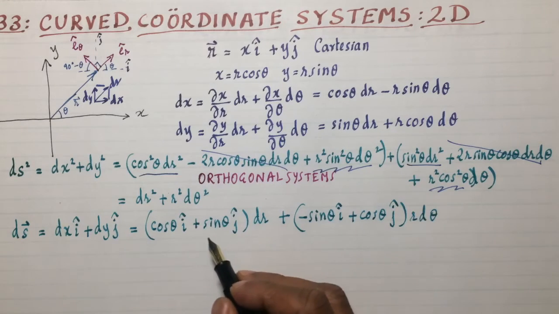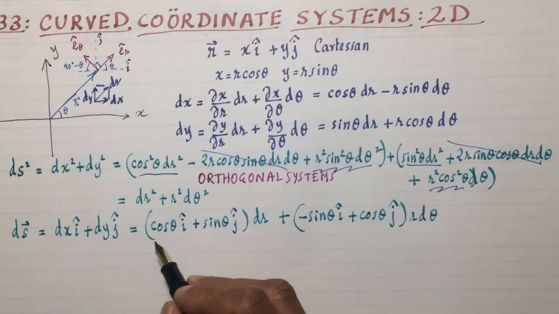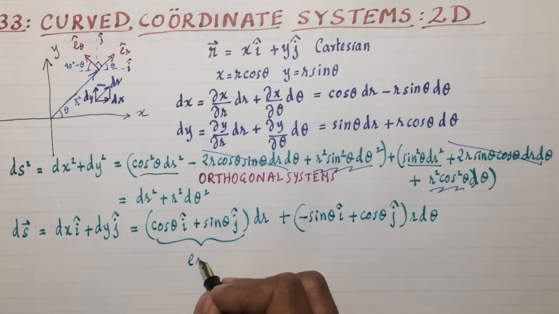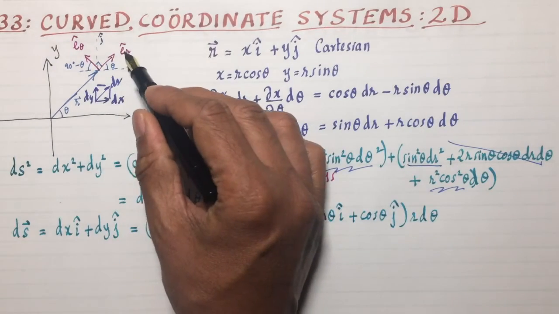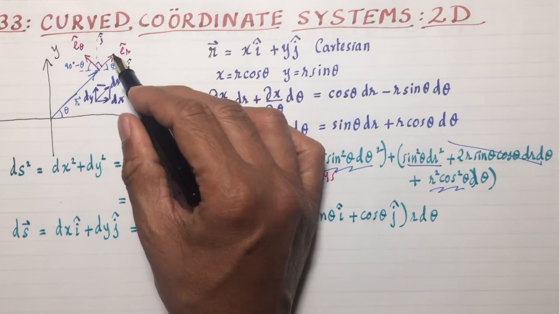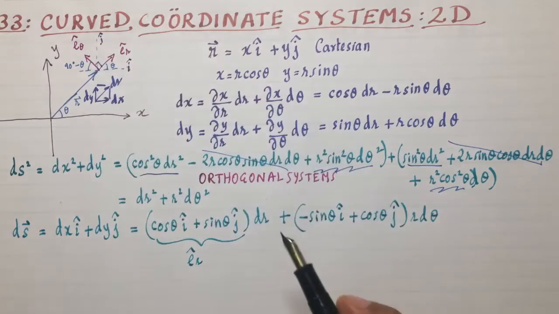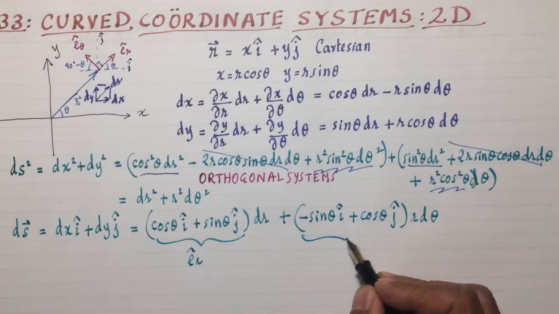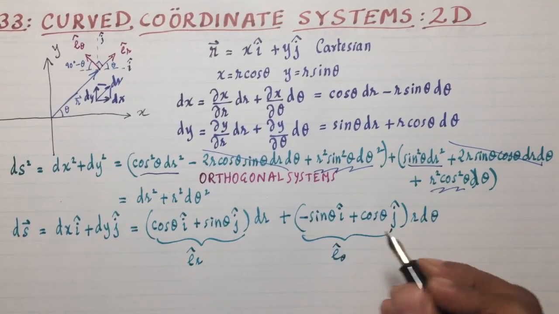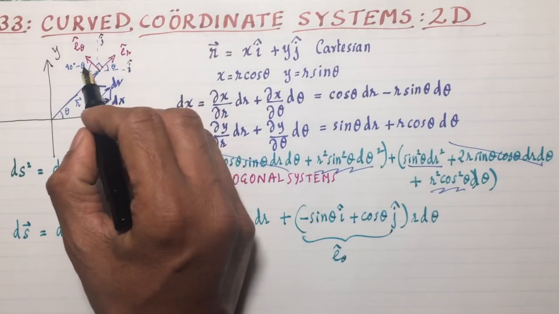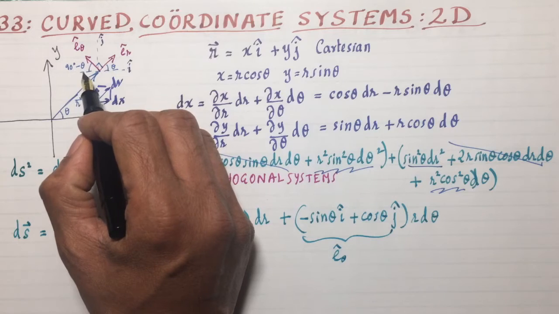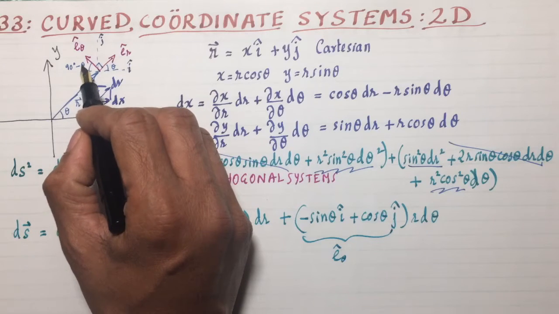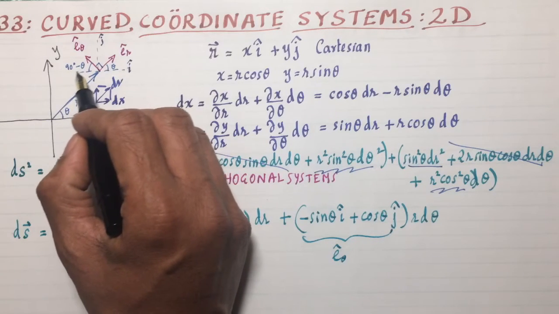This bears some thought, because what I've essentially written here is the vector e sub r. Look at that vector e sub r. Its x component is cosine theta, its y component is sine theta. Now this essentially is the vector e sub theta, because look at that vector. The x component is negative cosine of 90 minus theta, because of that angle being 90 minus theta.